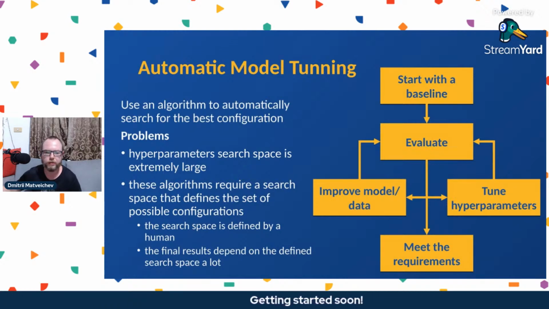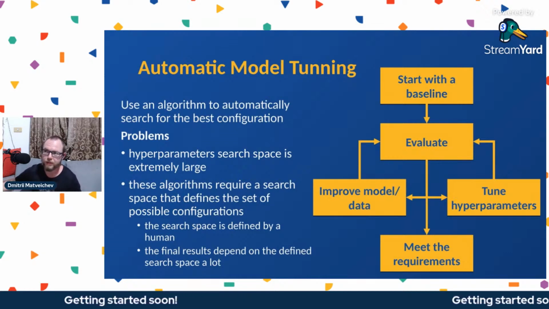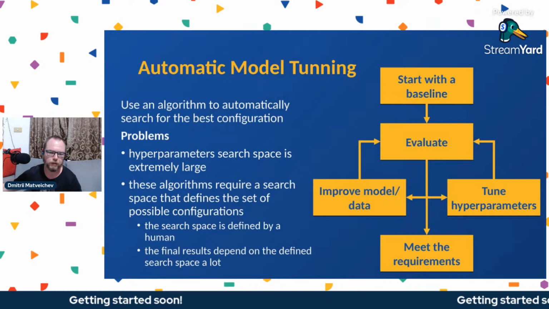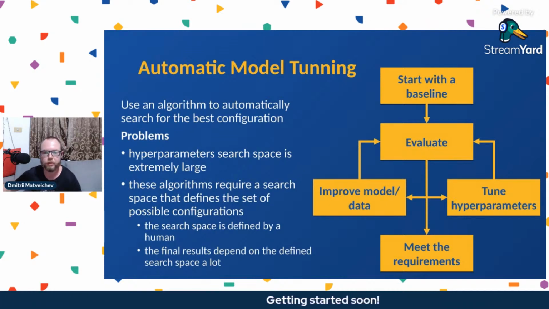And these algorithms require a user to specify the search space. And second of all, the performance results of these optimization algorithms largely depend on the search space that you define.